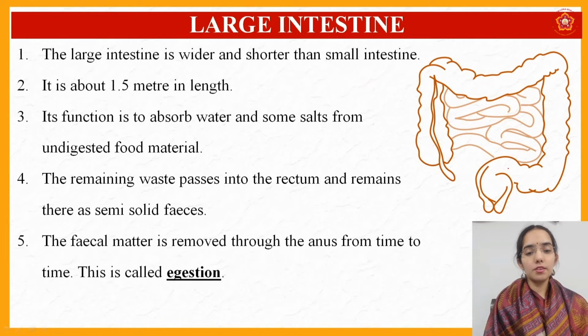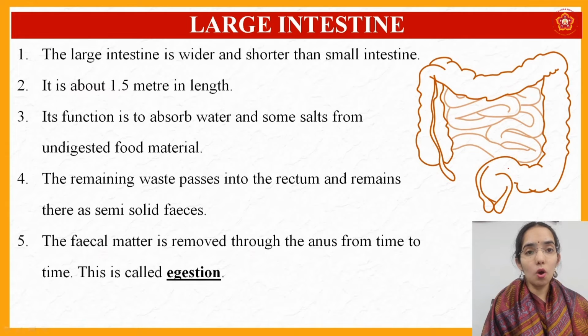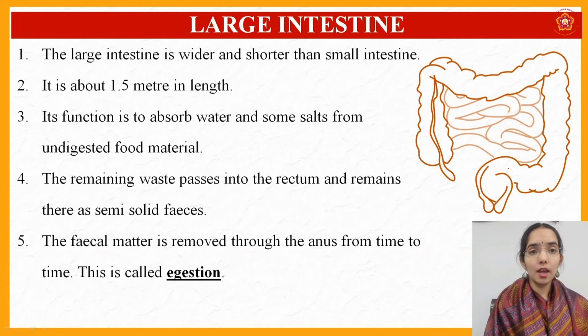The fecal matter is removed through the anus from time to time, and this is called egestion. So the removal of fecal matter from time to time through the anus, this process is called egestion. So in today's class, we have learned about the process of absorption, right?